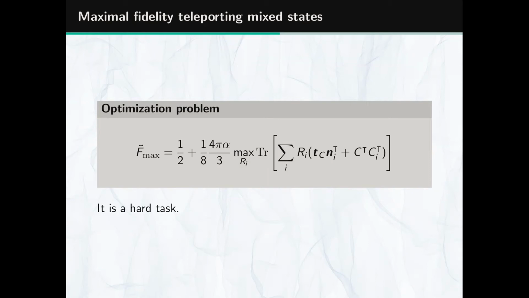Are the C's also dependent on Ri? C's are the measurement, the covariance matrix of the measurement. You don't need to optimize over them. No, just the rotation. C_j or C without index?